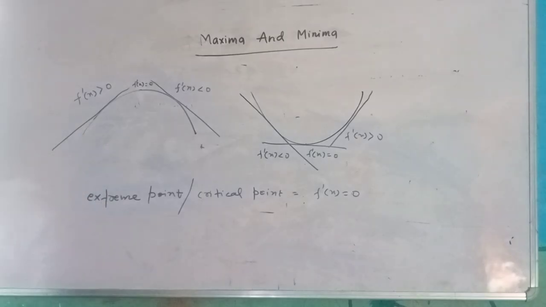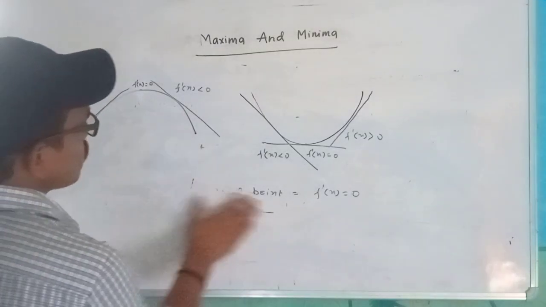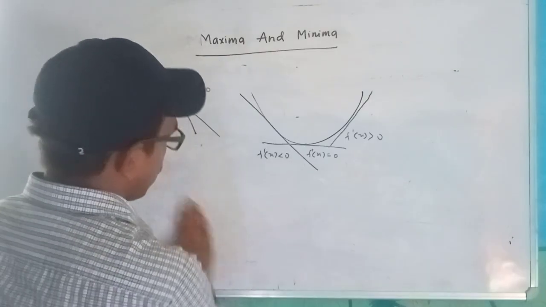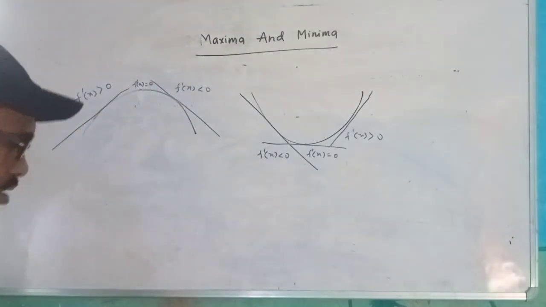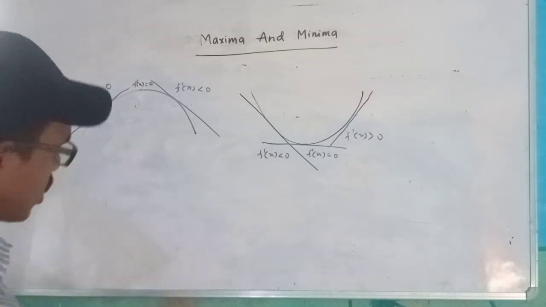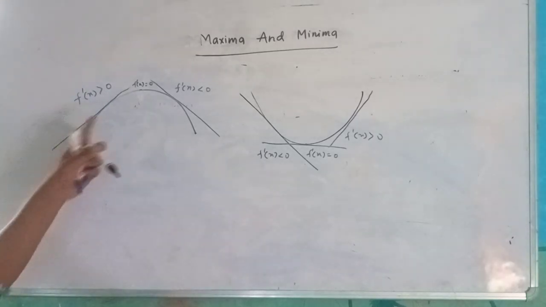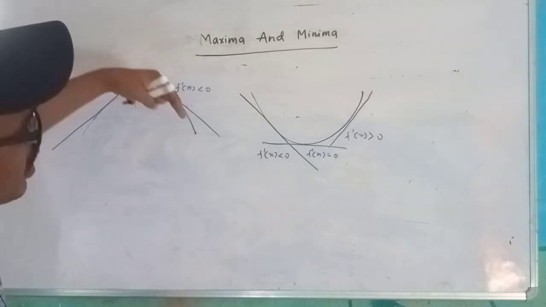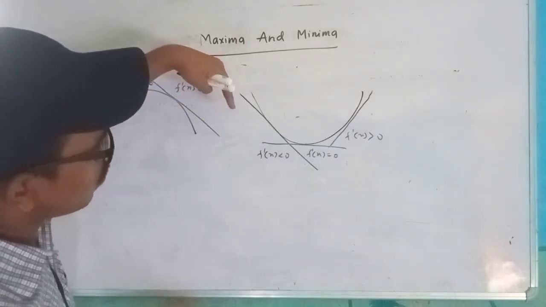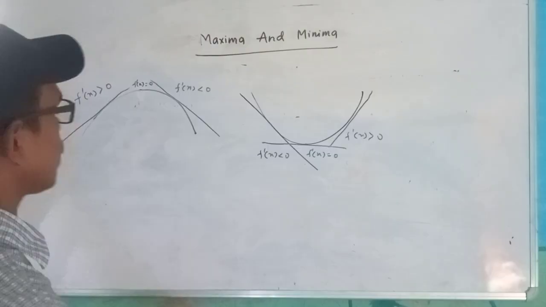So note it down. Now you understand that in the maximum case the slope goes from positive to negative, and in case of minimum, the slope goes from negative to positive.